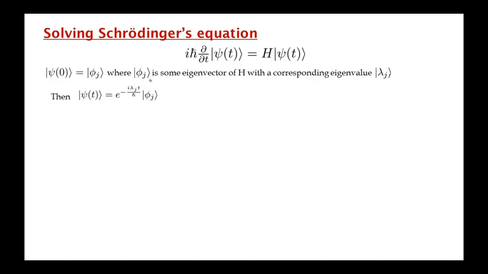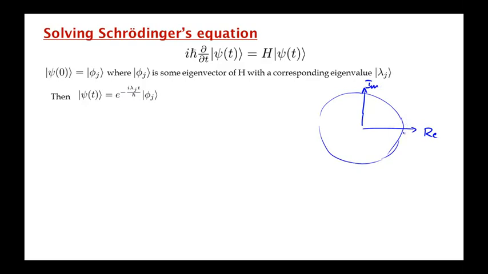Then the claim is that our state at time t is still φ_j, the same eigenstate, but with a phase associated with it, e to the minus i λ_j t over ħ. I hope everybody understands what I mean by phase. It's a unit complex number. If we are looking in the complex plane, this is the real axis, that's the imaginary axis, that's the unit circle.